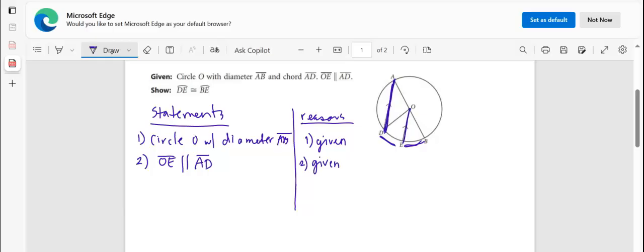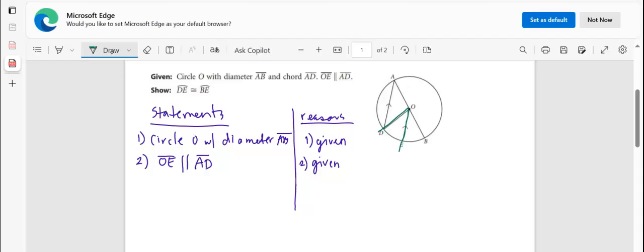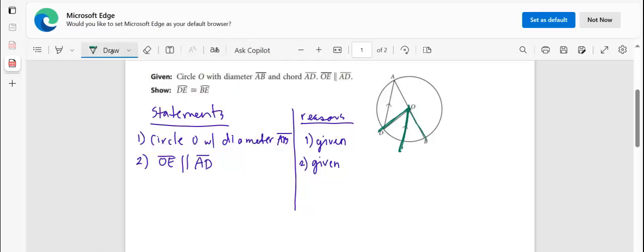So to show that arc DE is congruent to arc BE, we have a couple options, right? We know that if we have congruent chords, then we have congruent arcs, but I don't see chords DE and EB here. So my second option would be the idea of looking at the central angles. So I have angle DOE, which is right here, and then I have another central angle EOB.